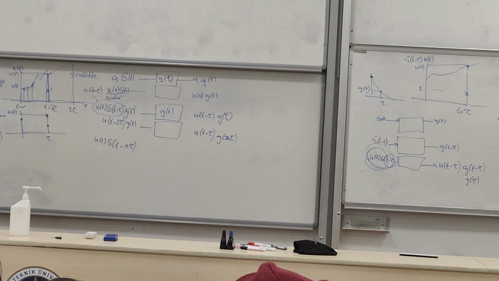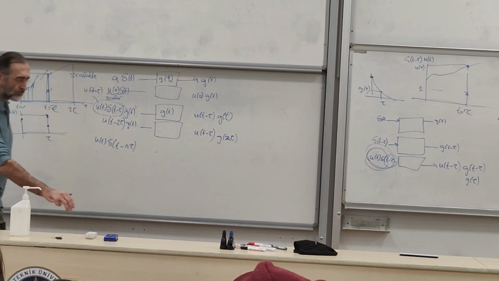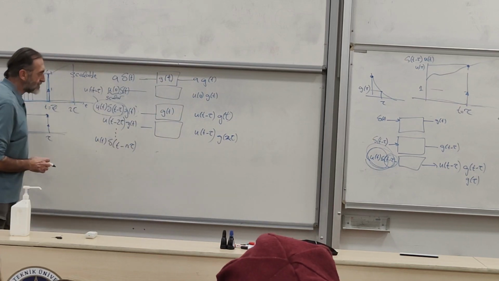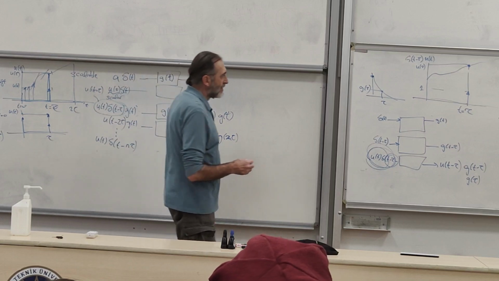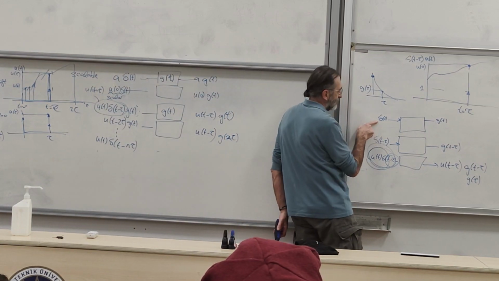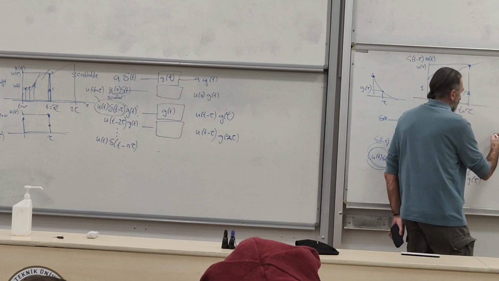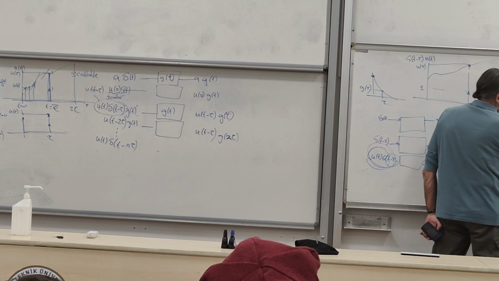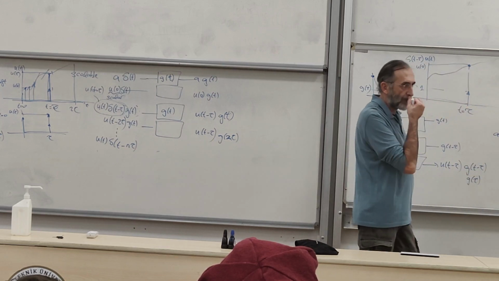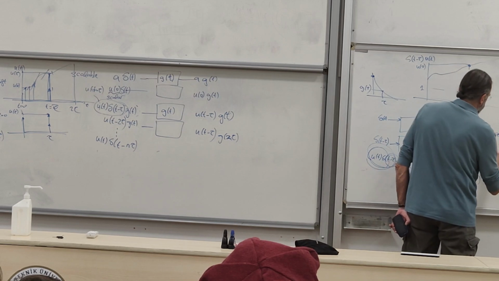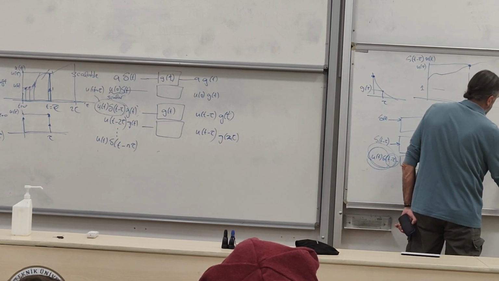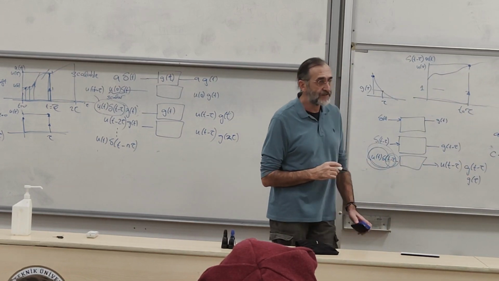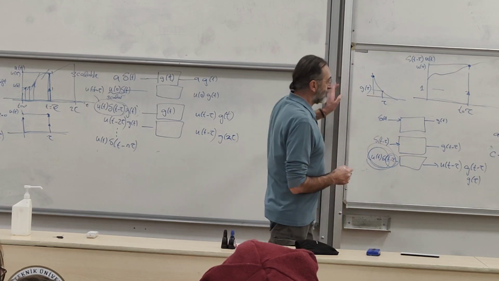Is that tough to understand, or do I make it tough to understand? But anyway, the bottom line is, you add all these things up. Why? Because if you give a system an input A and you get the response B, then if you give the system an input C, you get the response D. If the system is linear, then it's superposable.